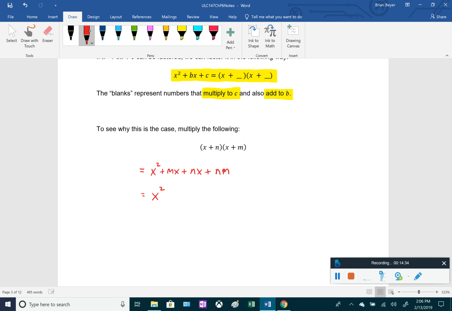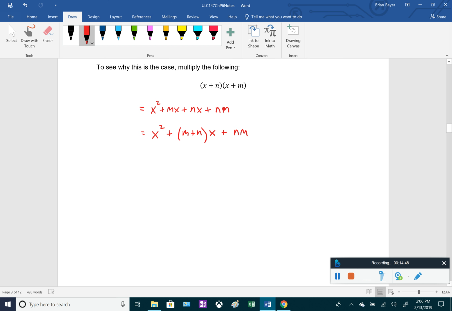Those middle terms will combine as m plus n times x, plus the last term, n times m. So you can see here we have this n, we have this m. You can tell right here that they have to add to the x term's coefficient, and they have to multiply to the constant term. So that's the reasoning behind why that's how we're doing it.